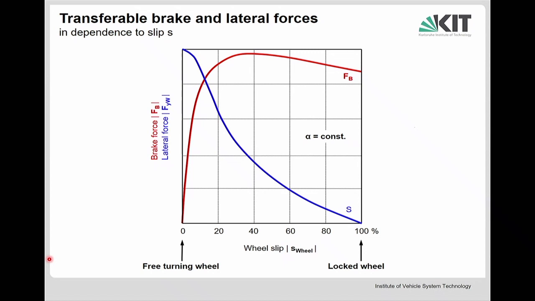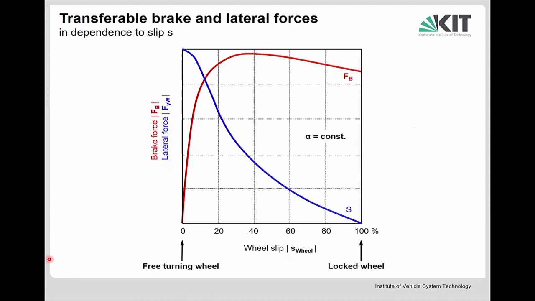So we need some alternating engagement of the brake, and in between we can make measurements of the speed of the vehicle. And if we know the speed of the vehicle, we can compare it with the actual spinning speed of the wheels, and so we know also the slip.